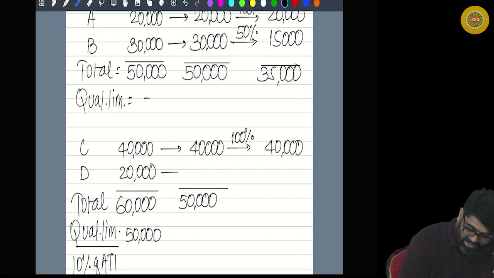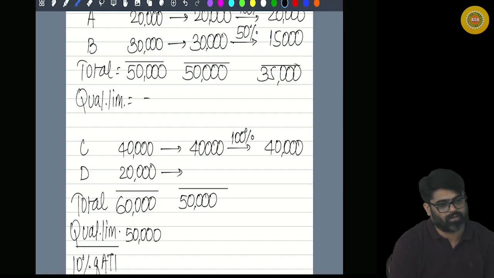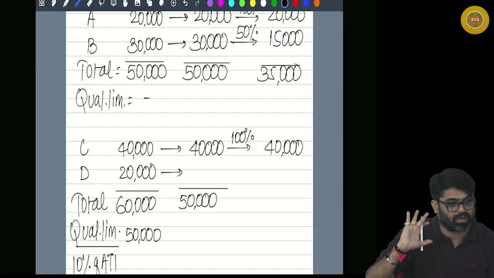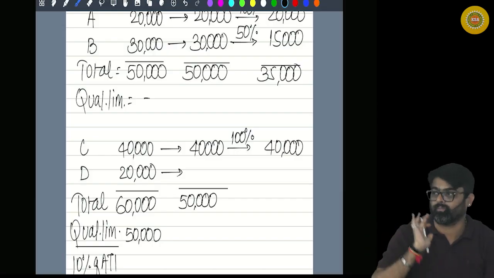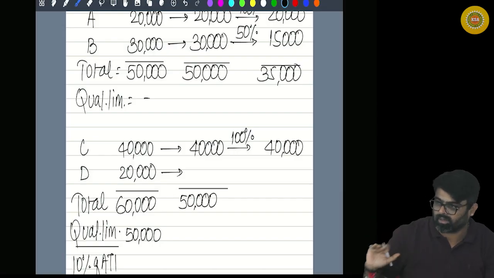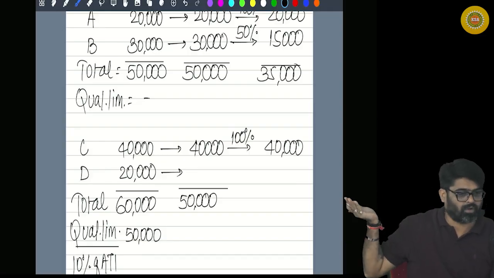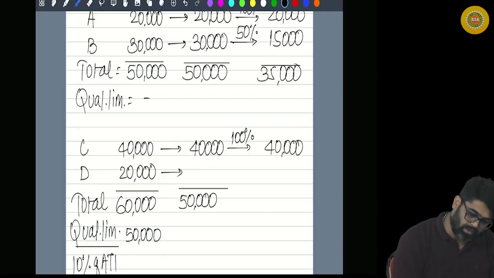Now I cannot qualify this 20 fully because there is an overall limit of 50 under which C and D both should come. Yes or no? Under 50, C and D both should come. C I have qualified 40. So how much I can qualify out of D? Only 10,000. Take 50% of that.